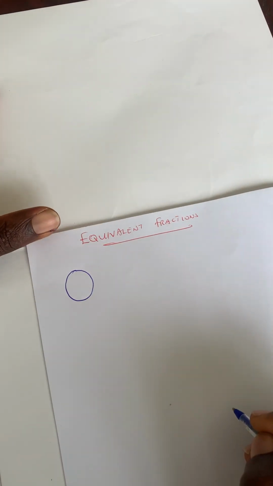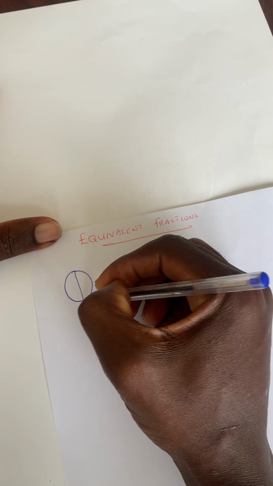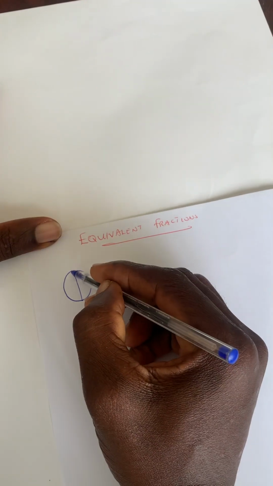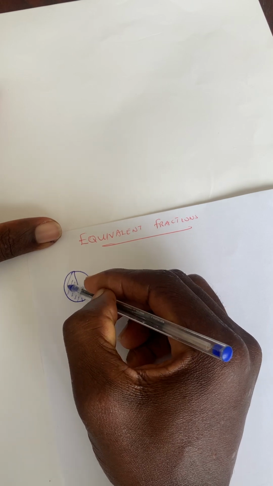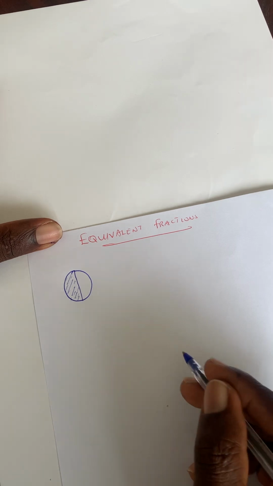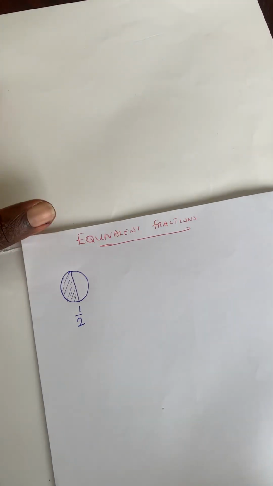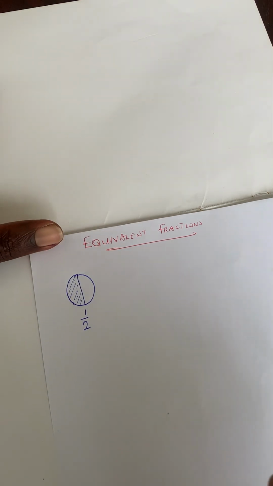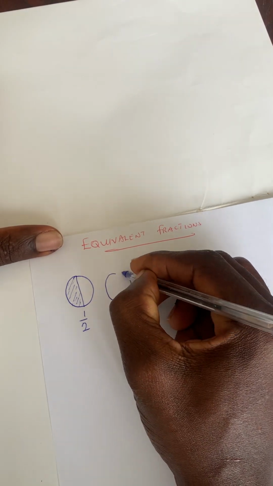Let's take this to be an orange that is to be shared by two people. So one person gets the shaded portion. So the fraction for the shaded portion is 1/2. Now, the same orange is being shared by the same two people.